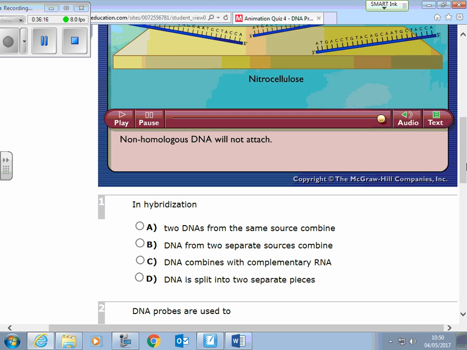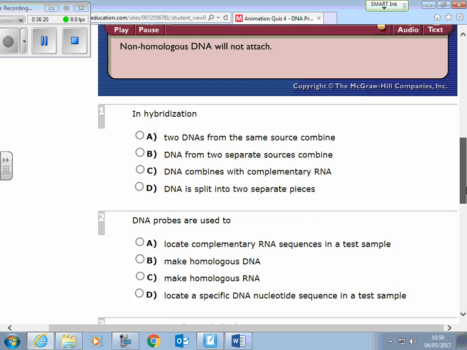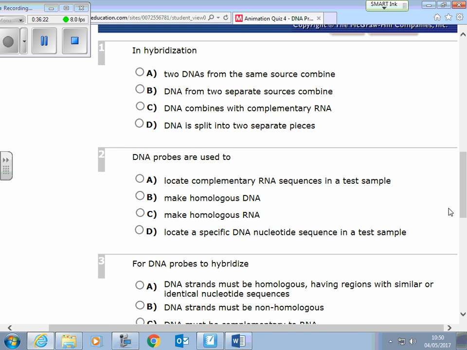Right. Next question. DNA probes are used to A. Locate complementary RNA sequences in a test sample. B. Make homologous DNA. C. Make homologous RNA. D. Locate a specific DNA nucleotide sequence in a test sample. I don't think that one was quite such a challenge.